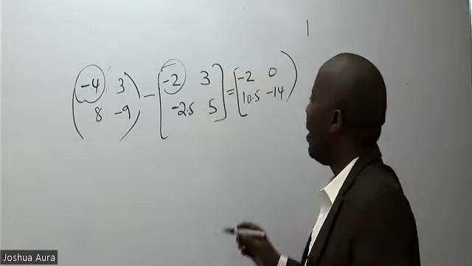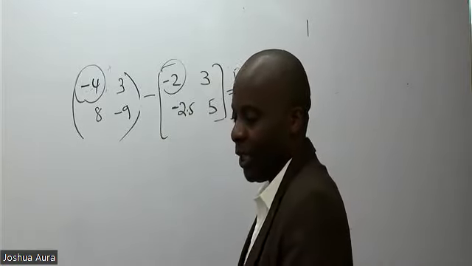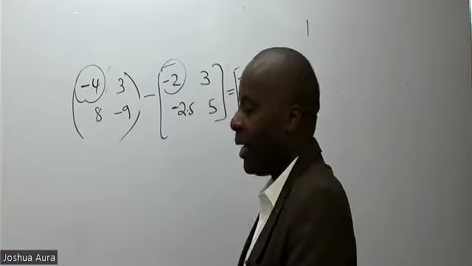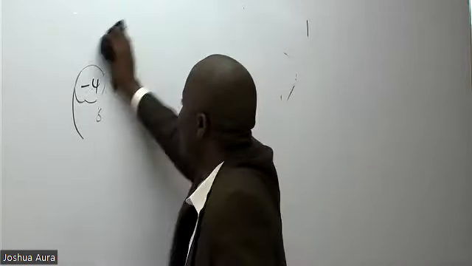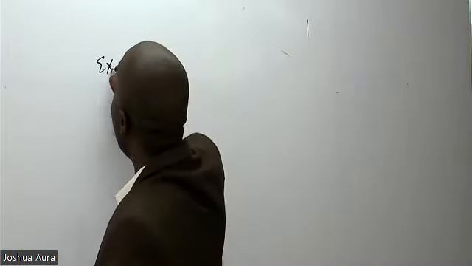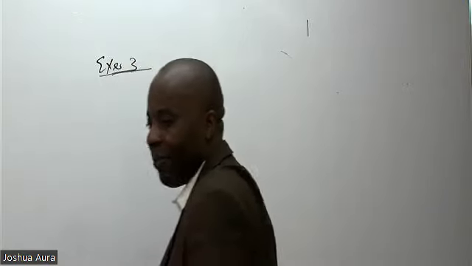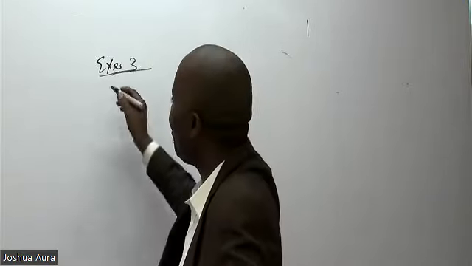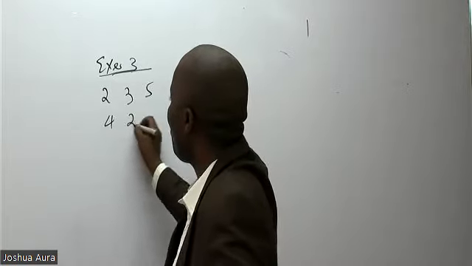Now, if you allow me, I'll take you to example number 3. For example number 3, what do we have here? Example number 3 is given here as 2, 3, 5, 4, 2, 1.